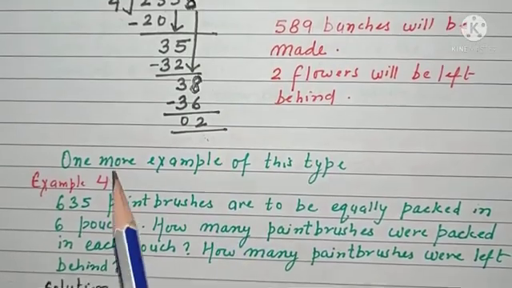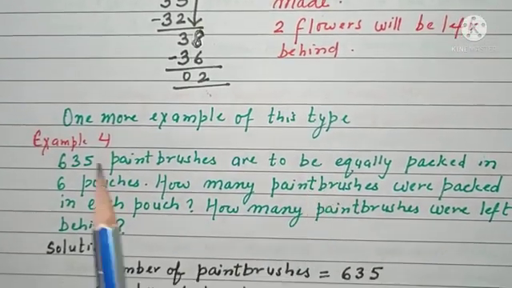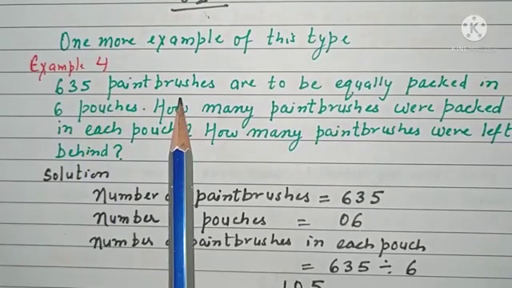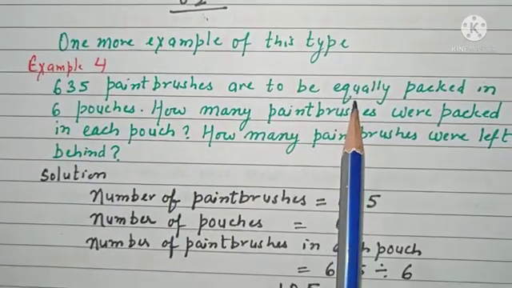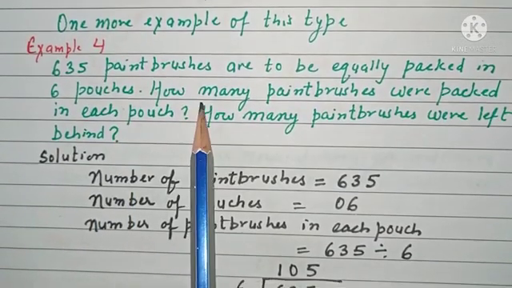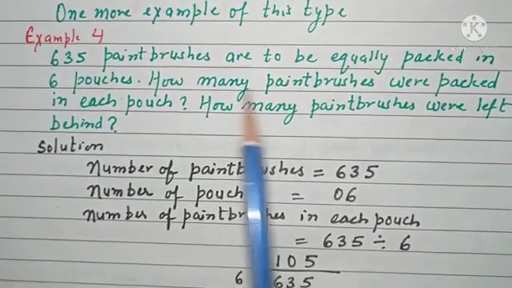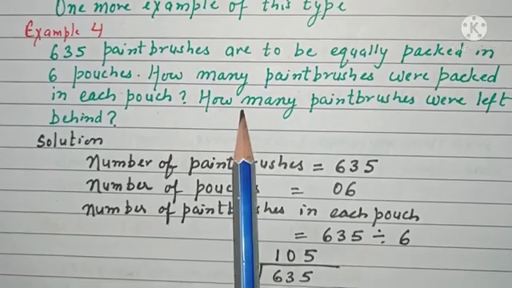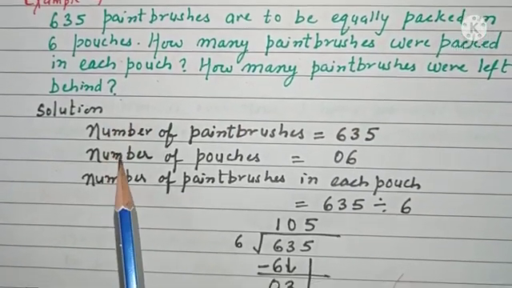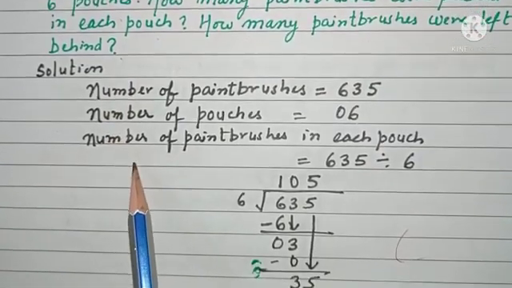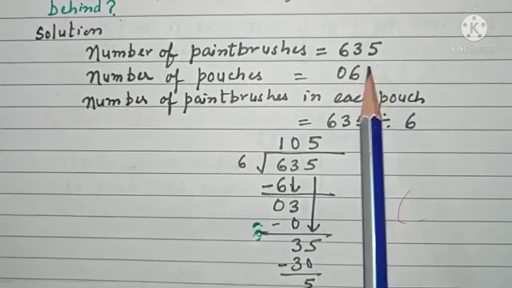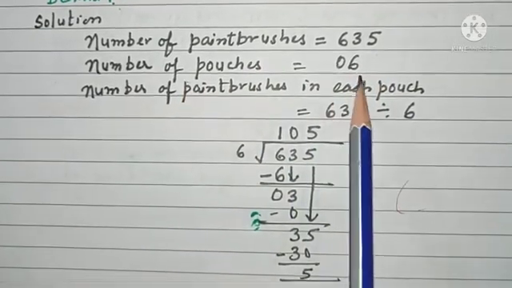One more example of this type, which is example number 4. 635 paintbrushes are to be equally packed in 6 pouches. How many paintbrushes were packed in each pouch? And how many paintbrushes were left behind? The same type of solution we'll be getting here. The number of paintbrushes is 635 and the number of pouches is 6.